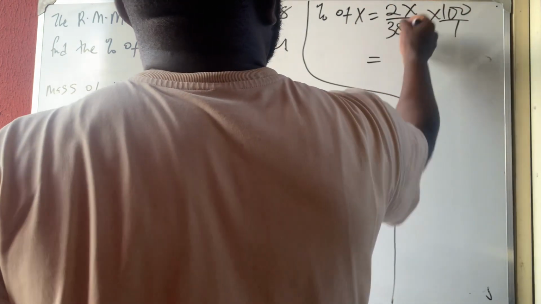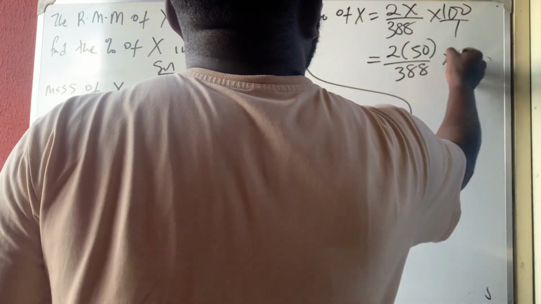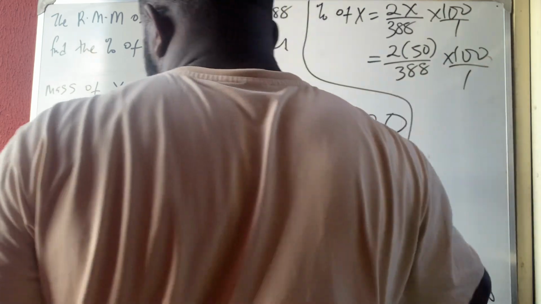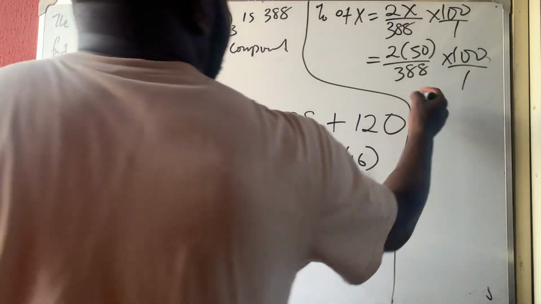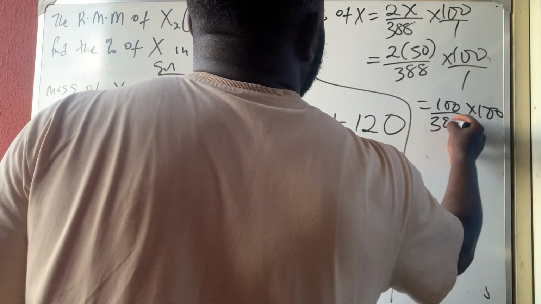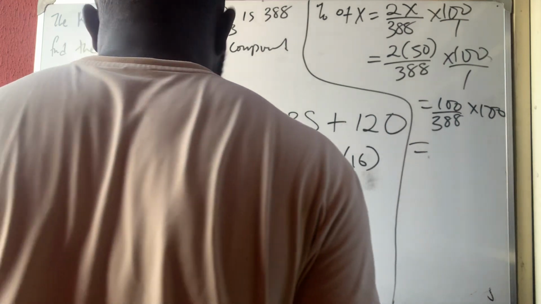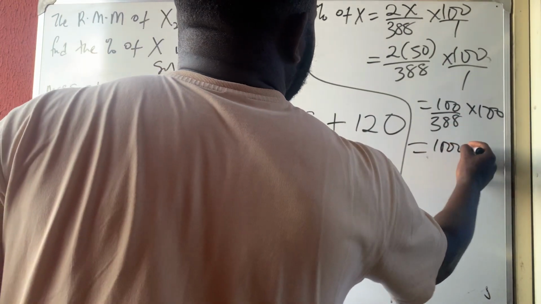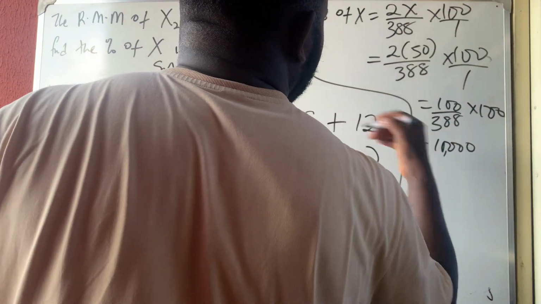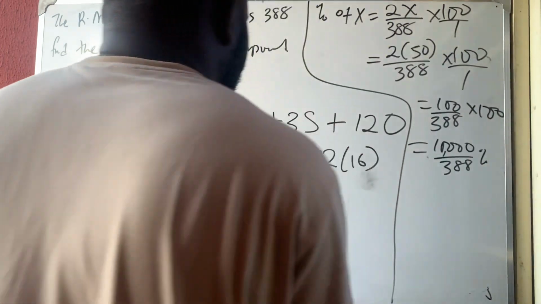Which is what? 2 into 50 over 388 times 100 over 1. So what do we have now? We now have 100 times 100 divided by 388. So if you do everything, you are going to get 10,000 over 388. Press it and put it in percentage.